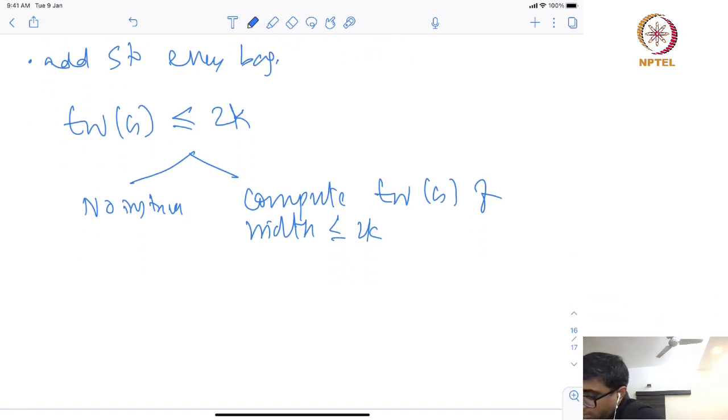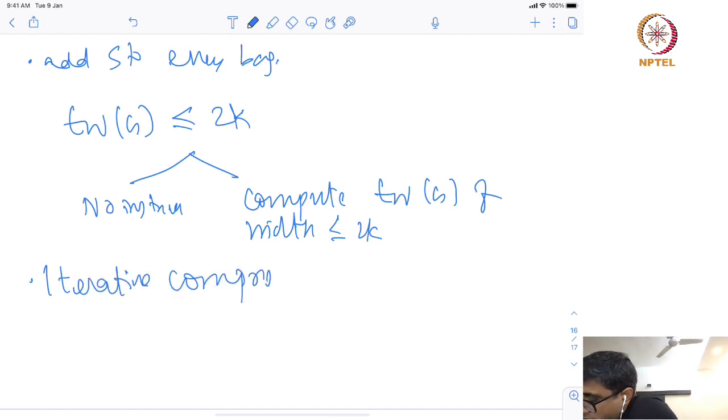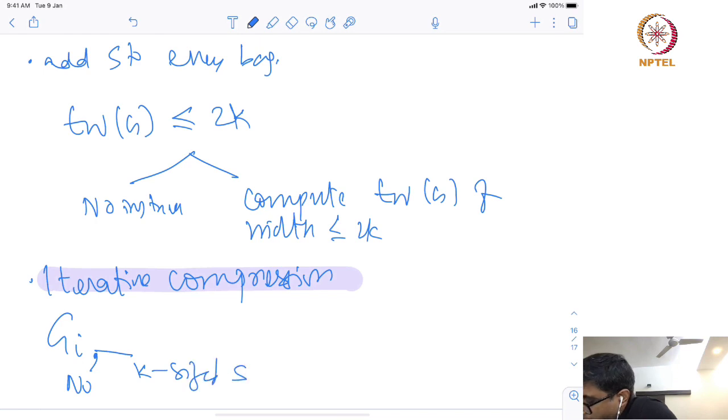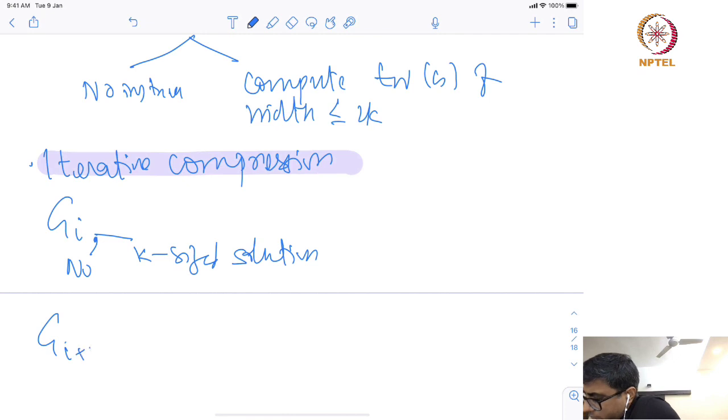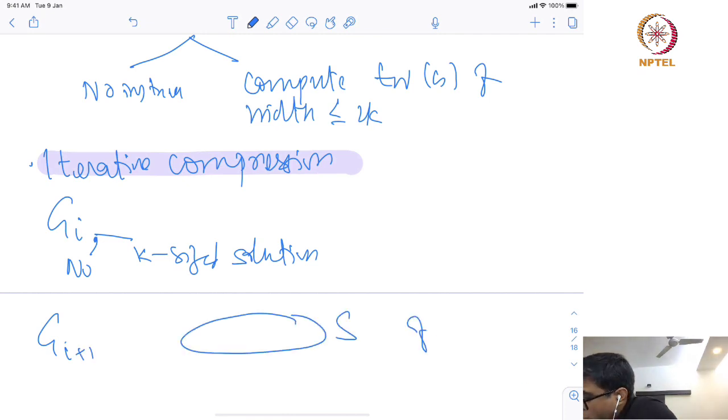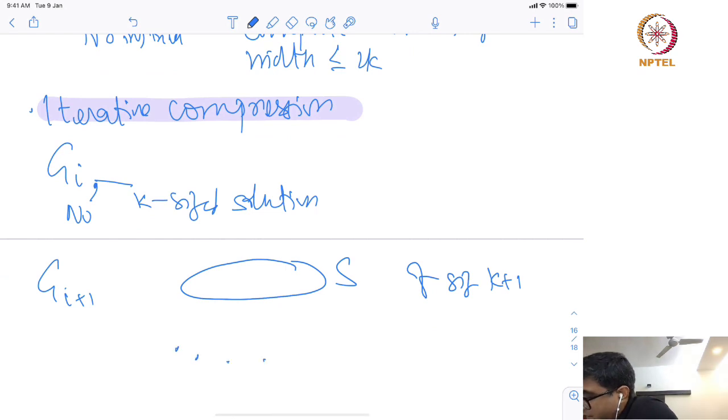How? Remember when we did iterative compression. In the iterative compression step, you have G_i. Either you are able to say that the answer is no, or you have a size k solution. In G_{i+1}, you have a vertex set S of size k plus 1 such that everything else is an independent set.